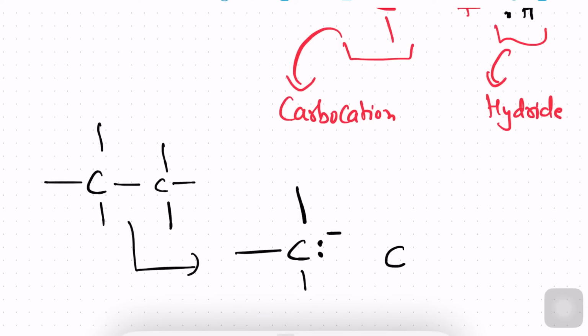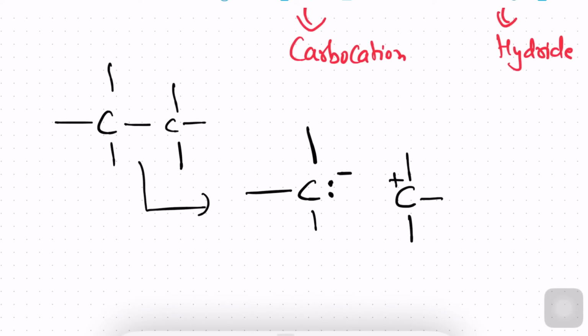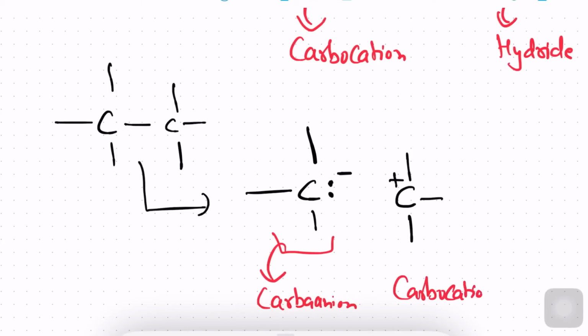And let's suppose this carbon is going to have positive charge, so it is not going to have the shared electrons. So this will be known as carbanion, and this is carbocation. Hopefully it is clear to you what is homolytic cleavage and what is heterolytic cleavage.